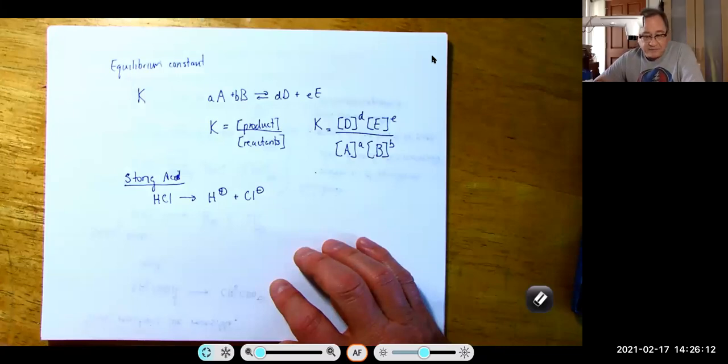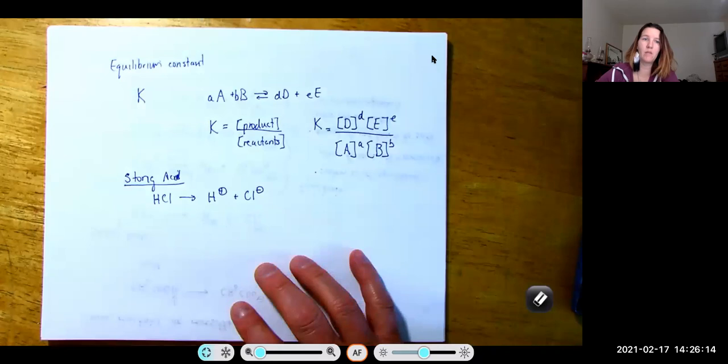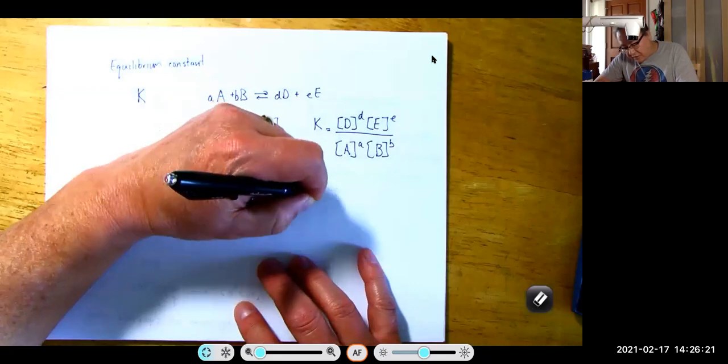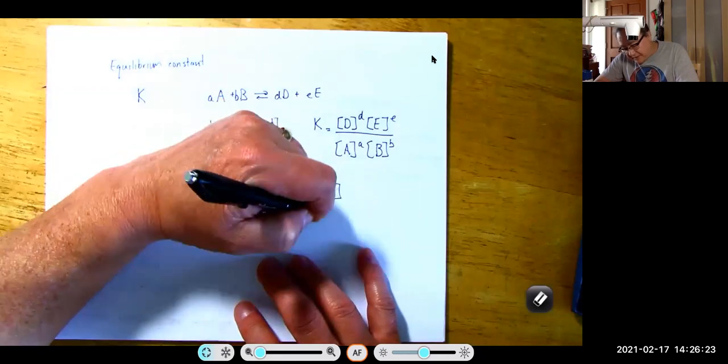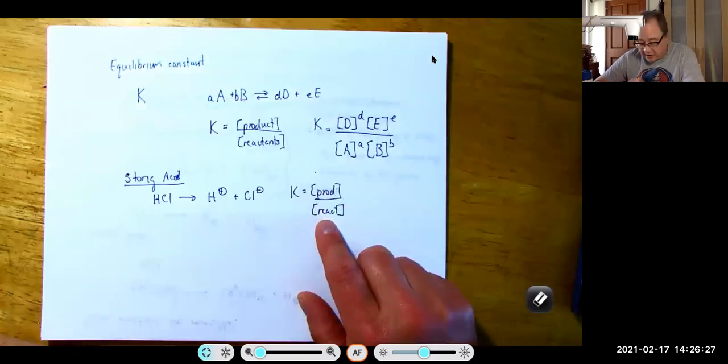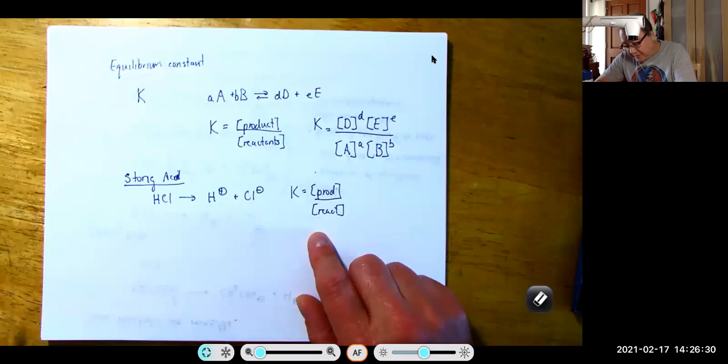The one-way arrow means the product is bigger. K is going to be product over reactant. And if the number on top is big and the number on bottom is small, here's what we can say about K. It's going to be bigger than 1.